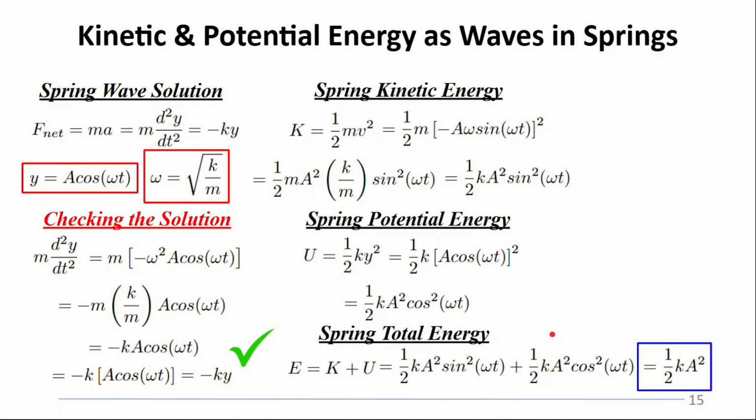So our total energy will turn out to be 1/2 Ka squared, where we know that K, being the spring constant, is going to be, well, constant. And we know A, being the amplitude of our oscillation, is also going to be constant. So if those two, K and A, are constant, then that means our total mechanical energy will also be constant. So we have conservation of energy in this case.